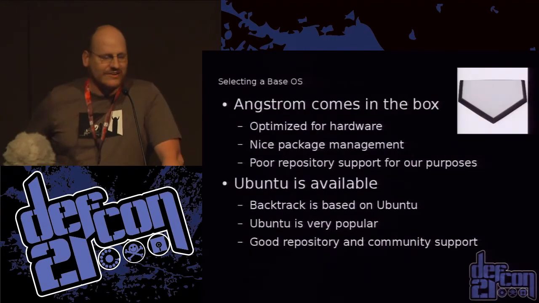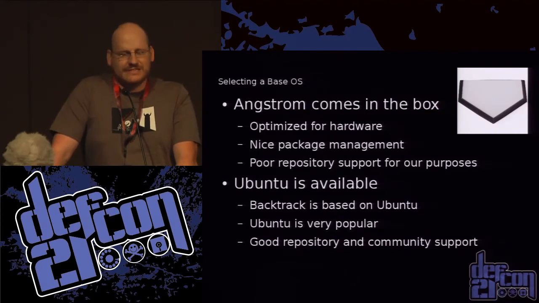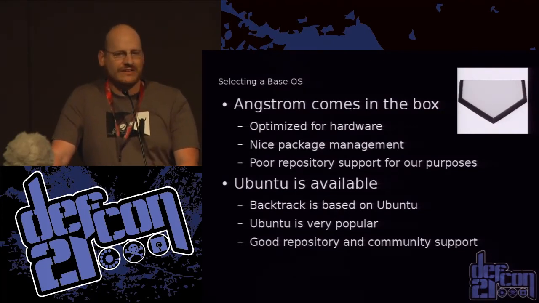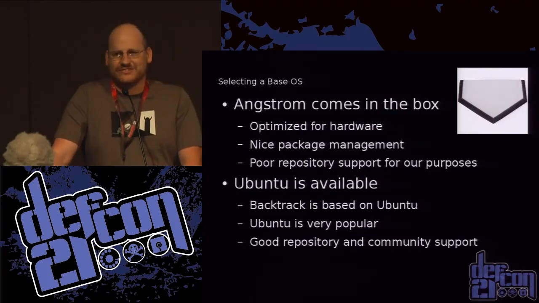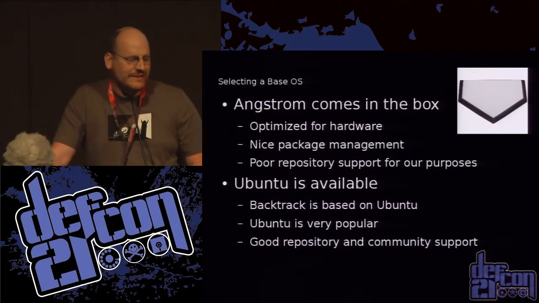But all right, so now that I've selected a device, it's time to select a base OS to start with. Well, again, unlike the Pi, if you buy a BeagleBone, it actually comes with an OS, and you can plug it in, and it runs. They even give you a power cable for the bone. It's amazing. You don't have to buy extra stuff.